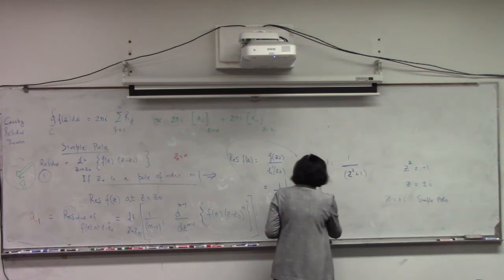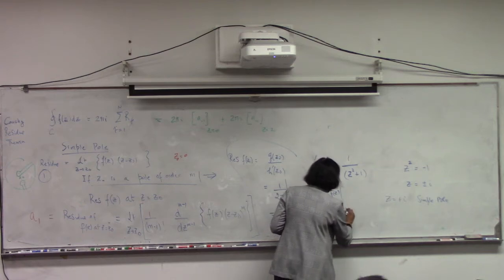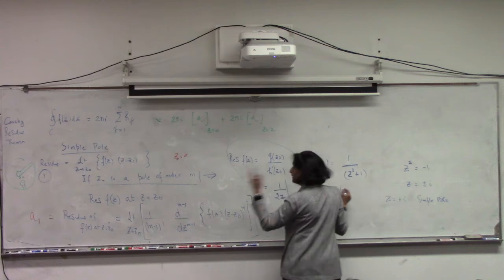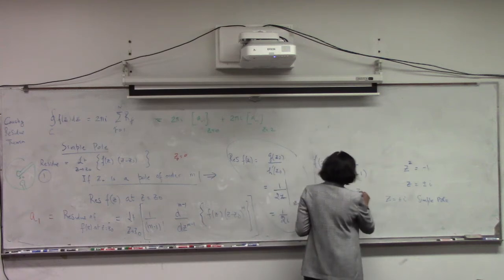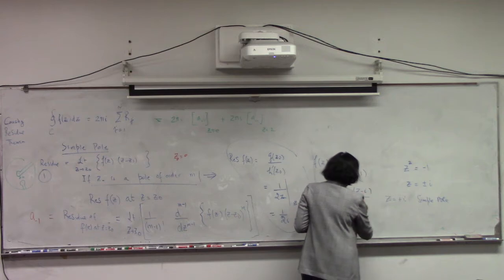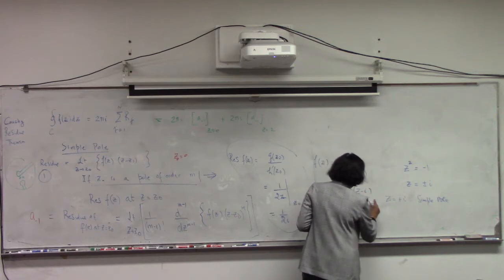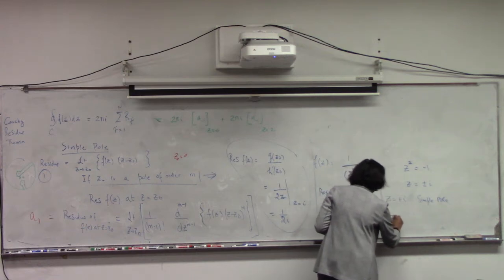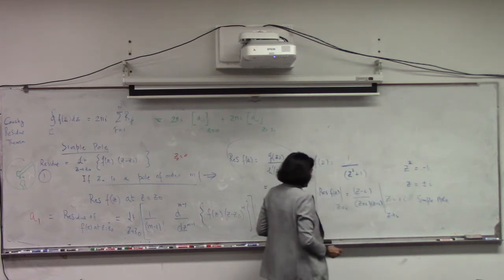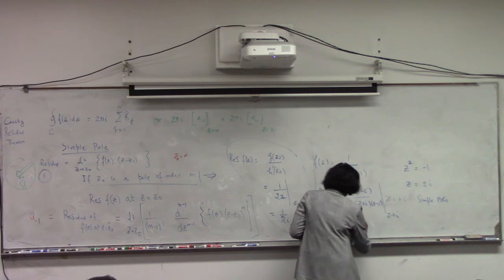So the residue of f of z at z equal to plus i, using that formula, is z minus i over z plus i times z minus i, and you have to calculate the limit as z goes to i. So I can cancel that, and it is 1 over 2i.